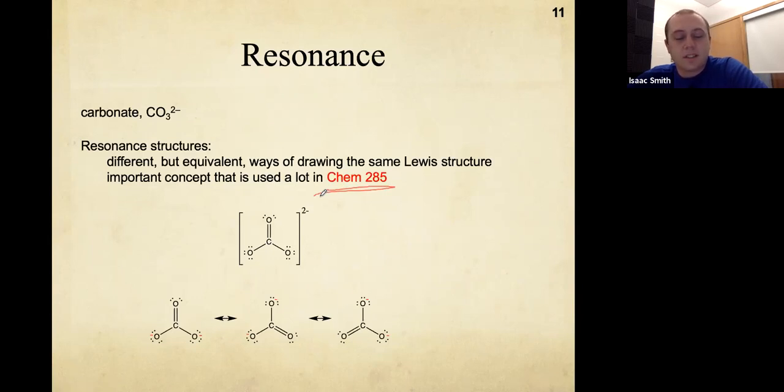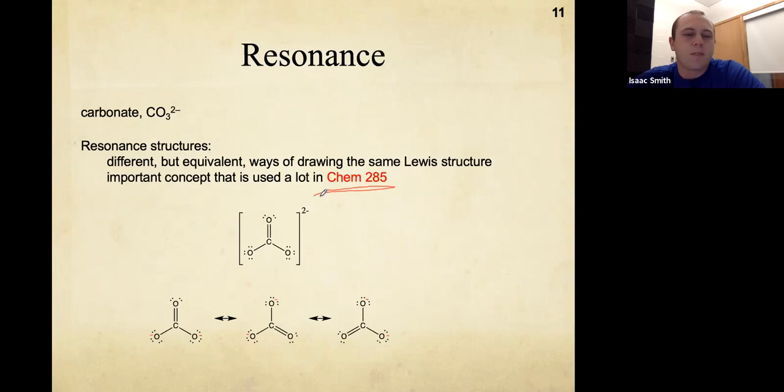for this class, what's important here to know is the only molecules that you'll probably see that have resonance are some of the polyatomic ions. Okay, so if you're asked to draw the resonance structures for carbonate or sulfate or something, you'll just need to be able to draw out all the different resonance structures for those.